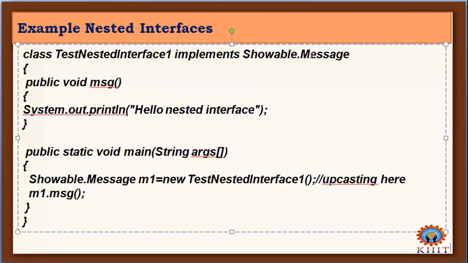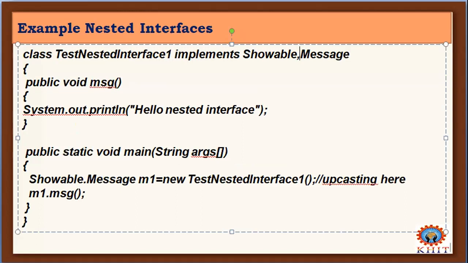Here we might think we can put a comma, but we should not write a comma here because Showable and Message both are nested interfaces. Both are not independent interfaces.